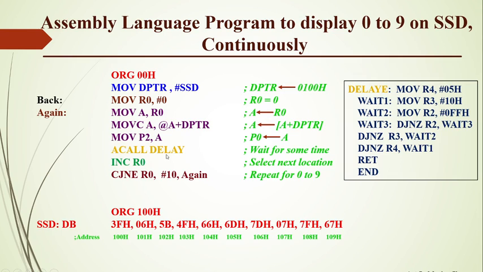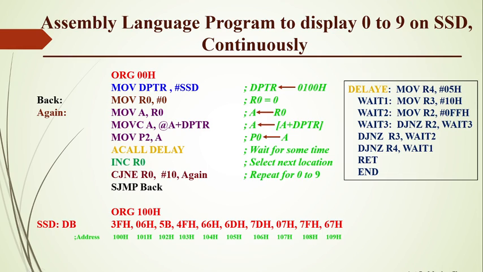Again some delay is called, it will wait for some time, again R0 will be incremented, so it becomes 2, then 3, 4, like that, and all the values from 100H to 109H are loaded to port 2 and displayed on the SSD connected to this port 2.